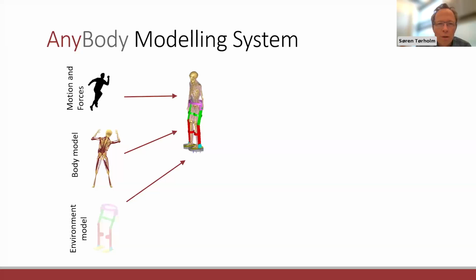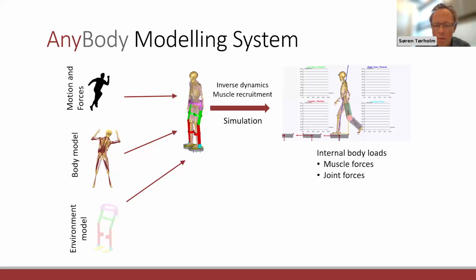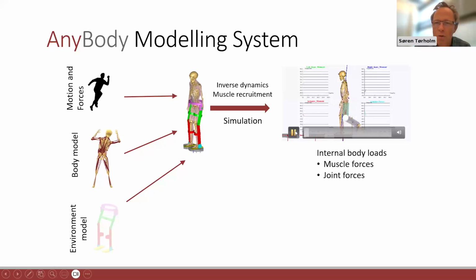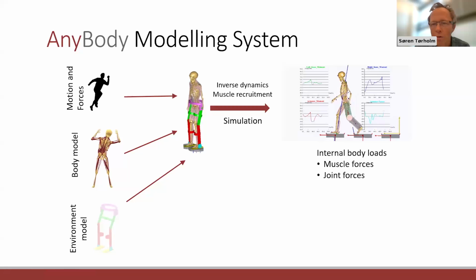So we build this combined model of the environment, the body model, and the applied forces, and we solve the inverse dynamic muscle recruitment problem. In this way we find the muscle forces that will create dynamic balance in this dynamic system, and out of that come all the internal body loads, so all the muscle forces, all the muscle activations, all the joint reaction forces, and many other properties.